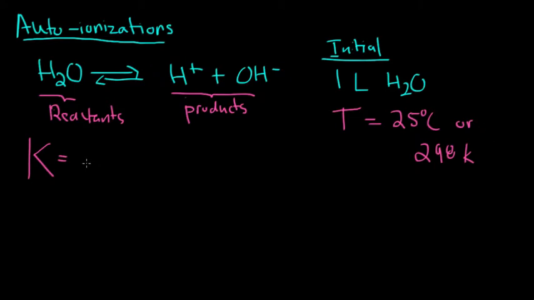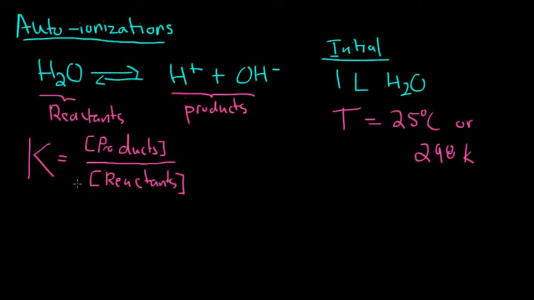So I'm going to make a ratio of the products, the amount of ions that I'm making, over the concentration of the reactants. If you really think about it, this is a really ingenious way to instantly know how much of any compound is being created. Not just for this reaction, but for any reaction.